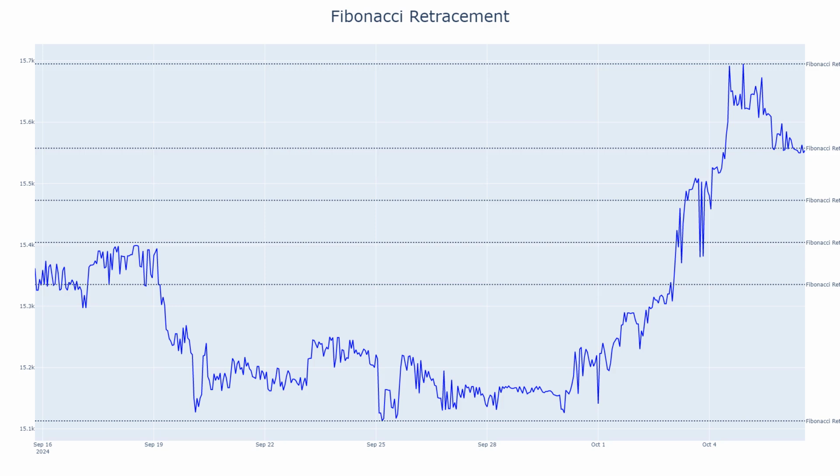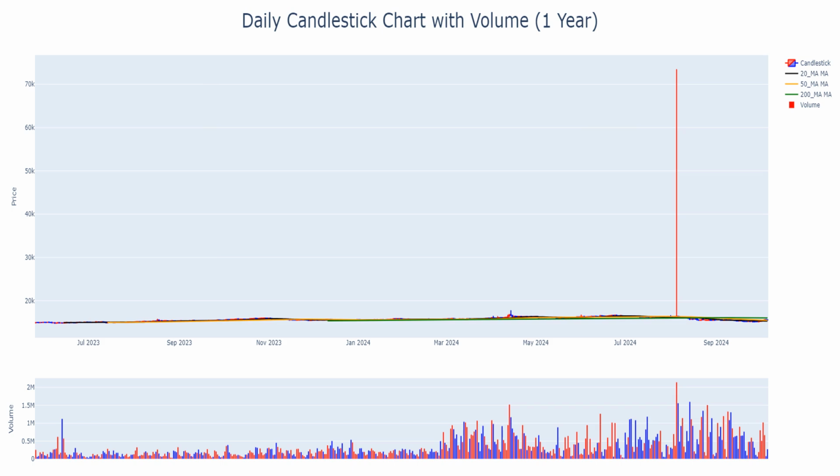On the other hand, maintaining support at these levels may provide USDTIDRT with the momentum to push towards the 0.0% retracement level of 15,695. Daily Candle Chart and Volume. 1 year. USDTIDRT has experienced several key highs and lows in the past year, with a major high at 15,695 and a low at 15,113.